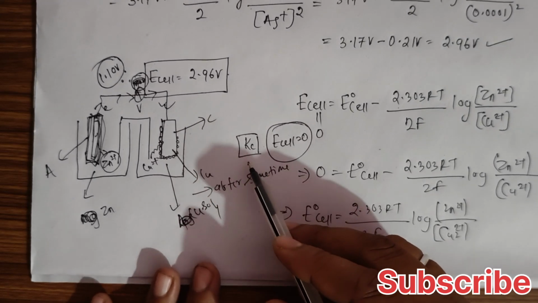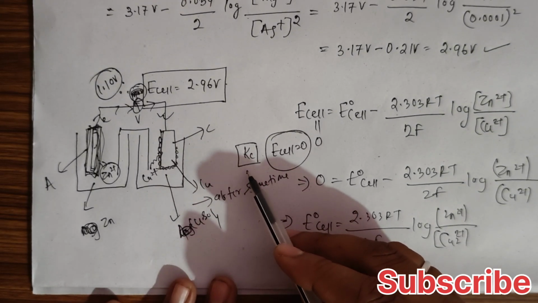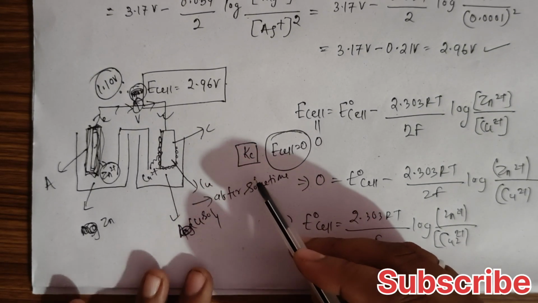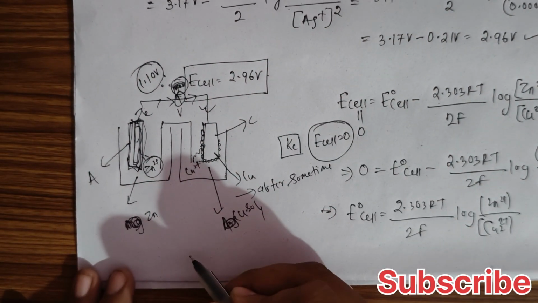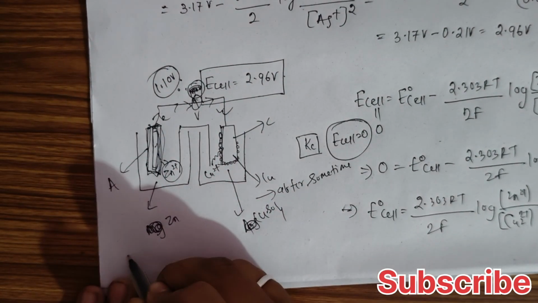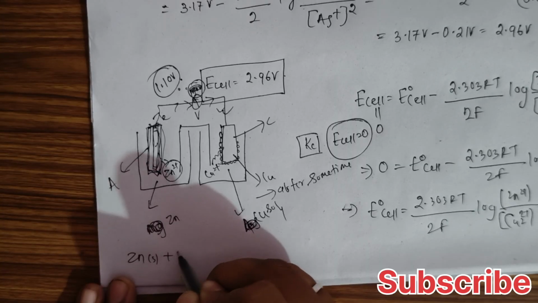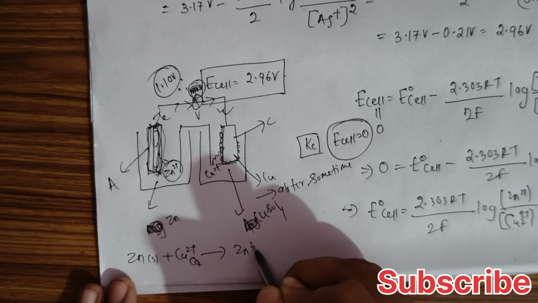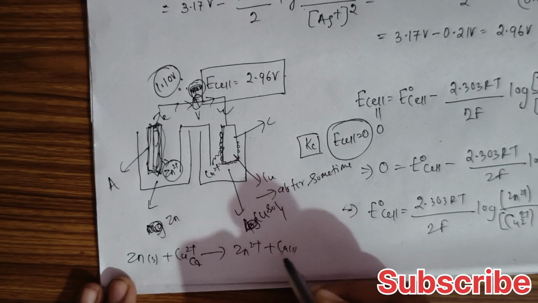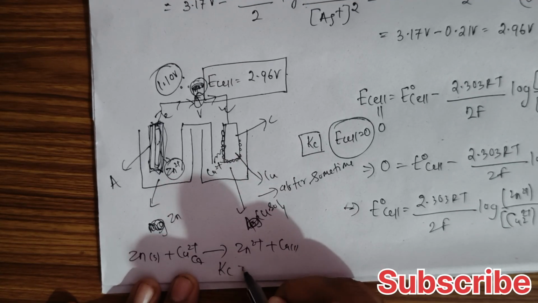Now, what is Kc? Kc means equilibrium constant. How can we calculate Kc? From the equation we can easily calculate Kc. The equation is Zn solid plus Cu2+ gives Zn2+ plus Cu solid. What is the formula of Kc?